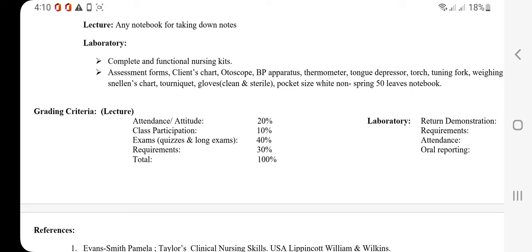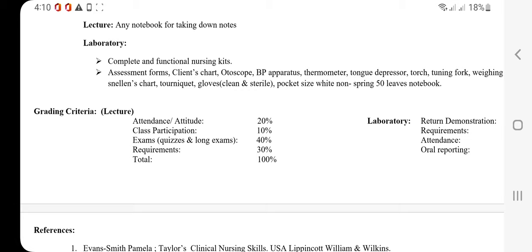And then, requirements, 30%. What are these requirements? In every coverage of our exam, for example prelim, midterm, finals, whichever systems we discussed as part of the coverage of our prelim, I will have you submit documentation of ROS or physical assessment tool for the parts of our body systems discussed based on the coverage.